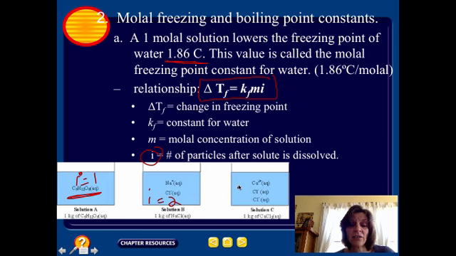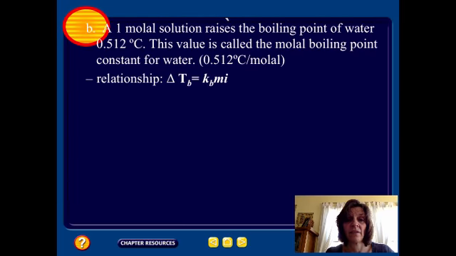If you have CaCl2, what do you think i is? 3. Excellent. So now let's try out the math. Oh, first, for boiling point, the molal constant is only 0.512 degrees Celsius per molal. It's harder to impact the boiling point than it is the melting point.